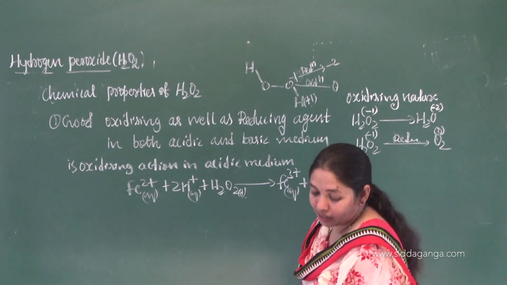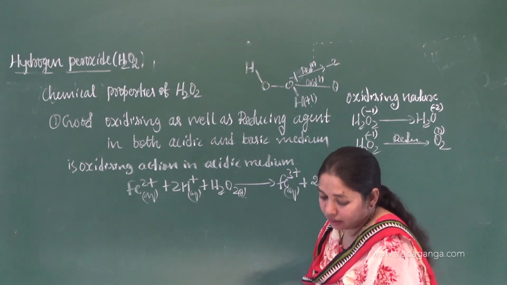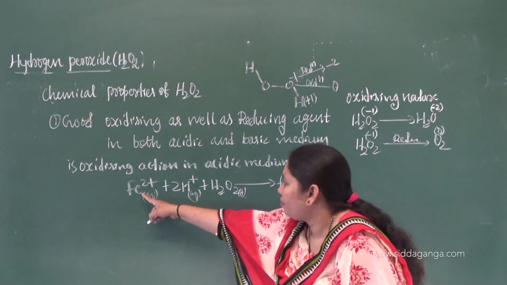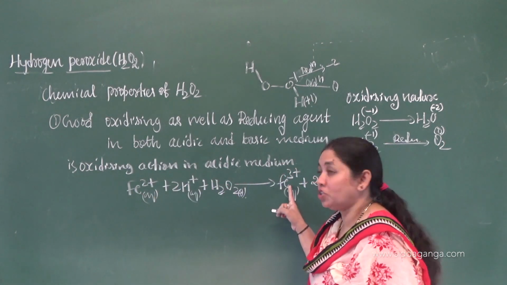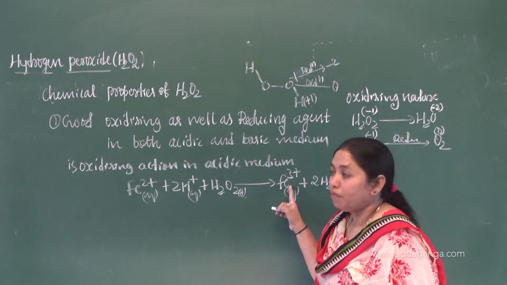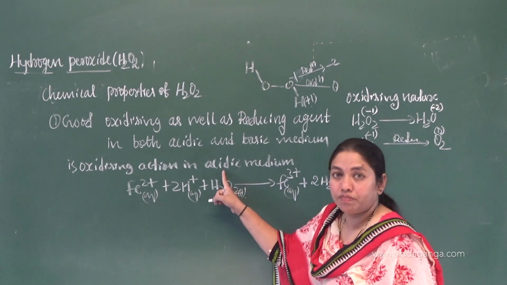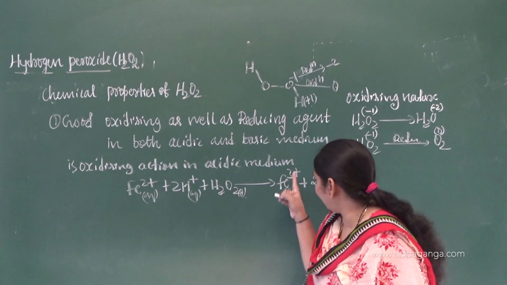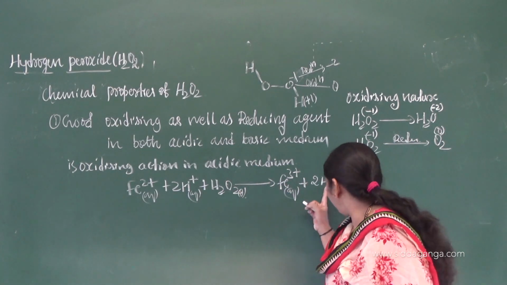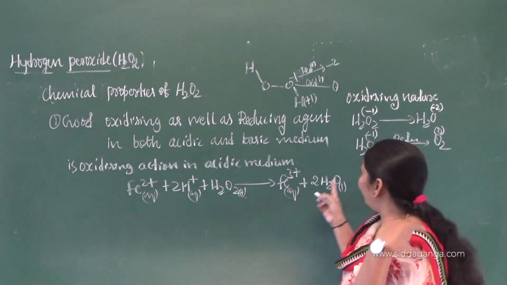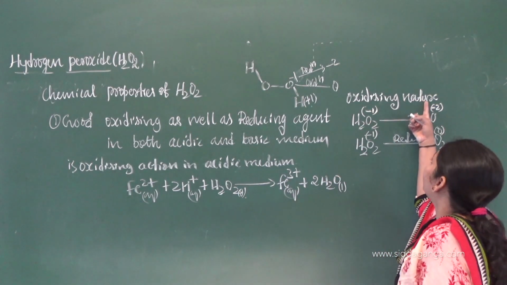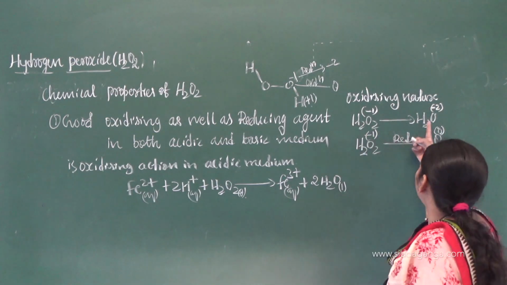You look at this reaction. In the reaction you can see that the ferrous ion has been oxidized to ferric. Because it is an oxidizing action, it is oxidizing others and reduced itself to what? Water. I already told, oxidizing nature means itself reduced to water.